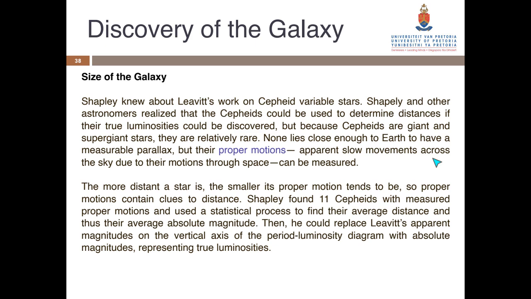Shapley found 11 Cepheids with measured proper motions and used a statistical process to find their average distance, and thus the average absolute magnitude. Then he could replace Leavitt's apparent magnitudes on the vertical axis of the period-luminosity diagram with absolute magnitudes representing true luminosities.